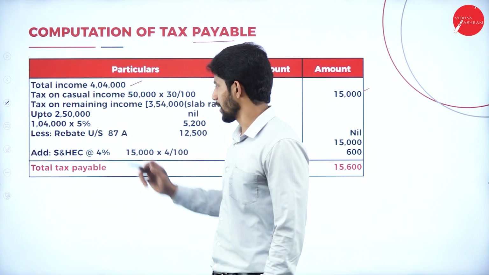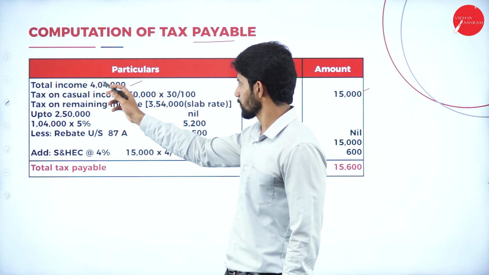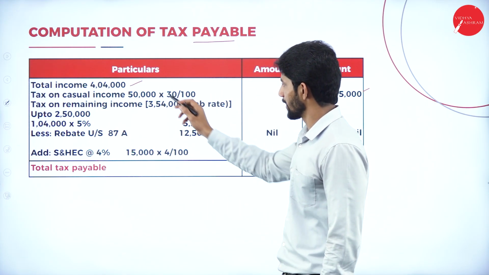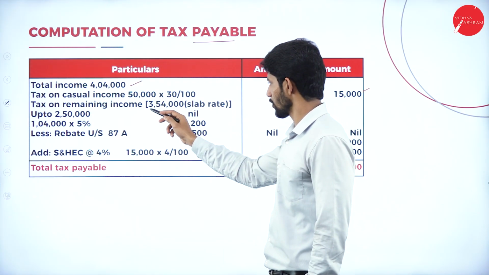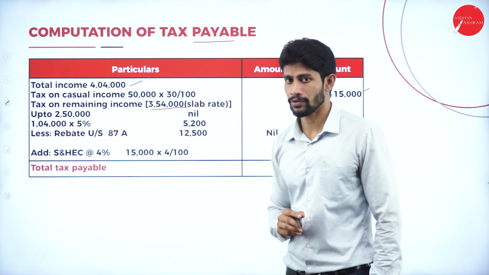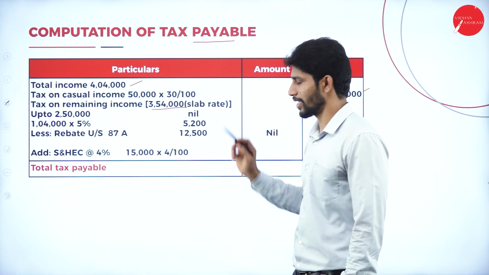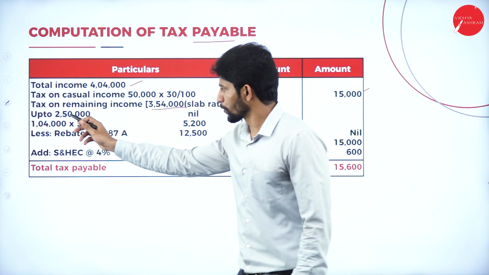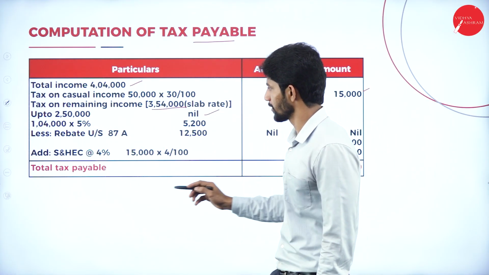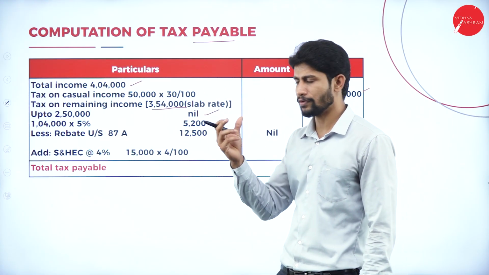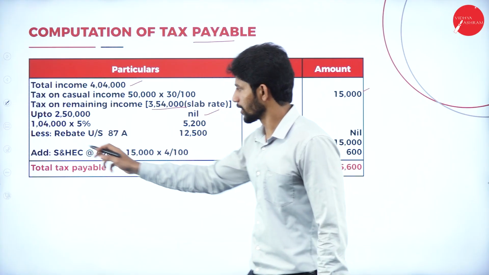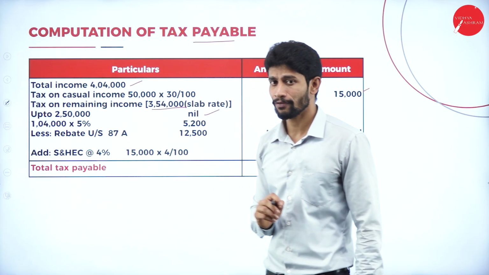So tax on remaining income. Total income is 4,04,000, and 4,04,000 minus this 50,000 gives a balance of 3,54,000. On this you are supposed to apply the slab rate. Up to 2,50,000, no tax. Next, 2,50,000 to 5,00,000. What is the difference amount we have here? The difference amount is 1,04,000.